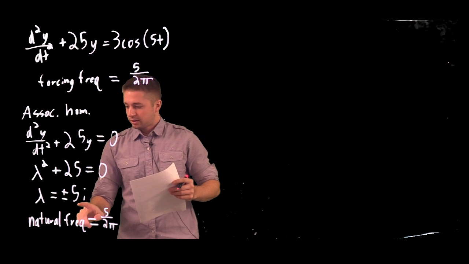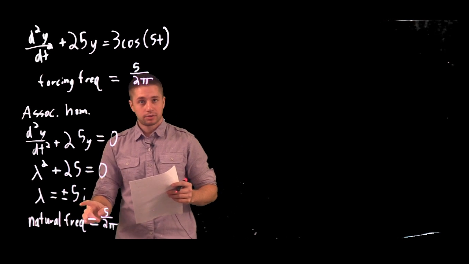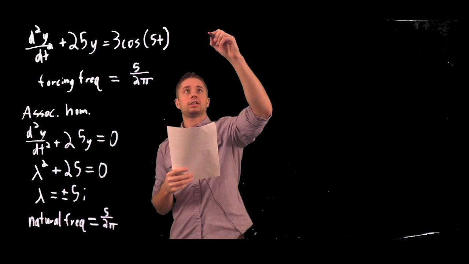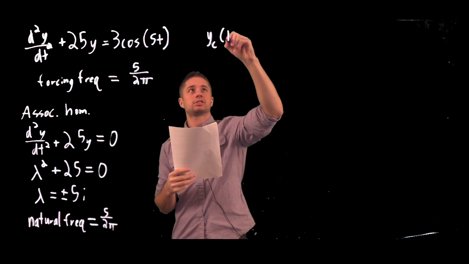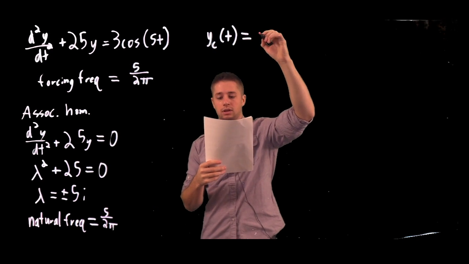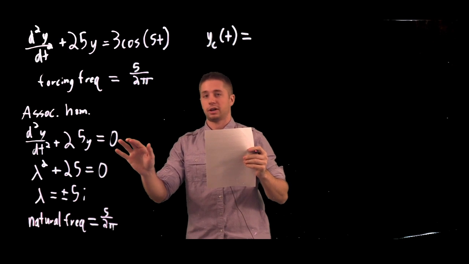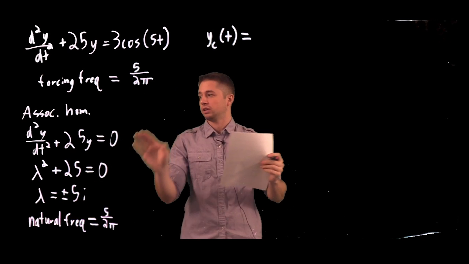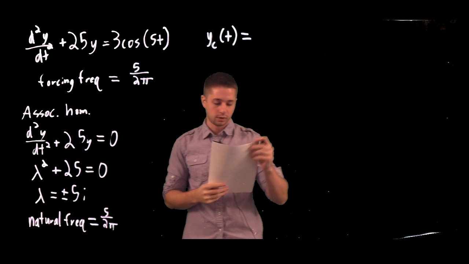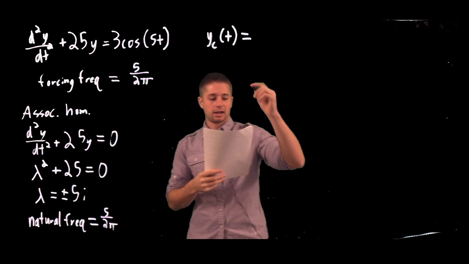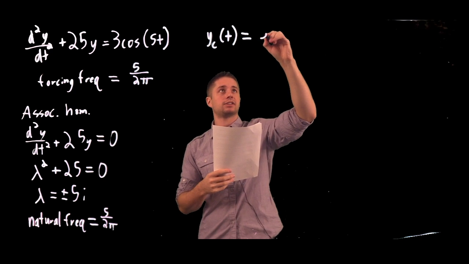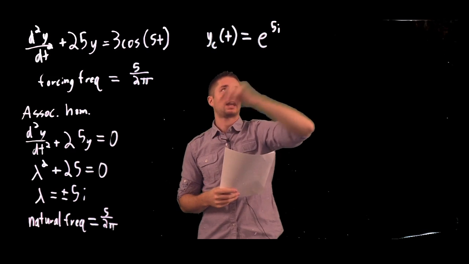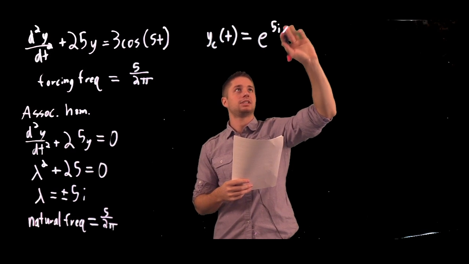So moving on from this, once we have the roots of the characteristic equation, we get a perfectly good complex solution to the associated homogeneous equation. This solution has the following form: e to the root of the characteristic equation times t.